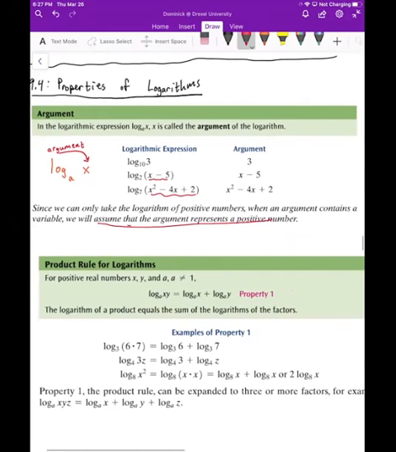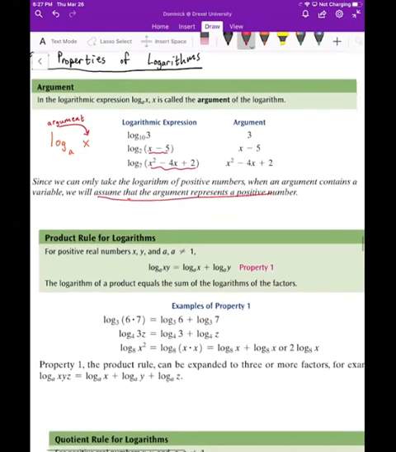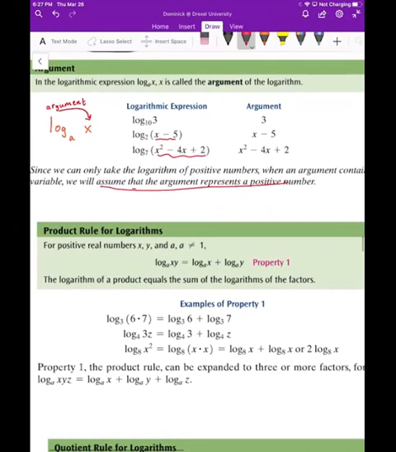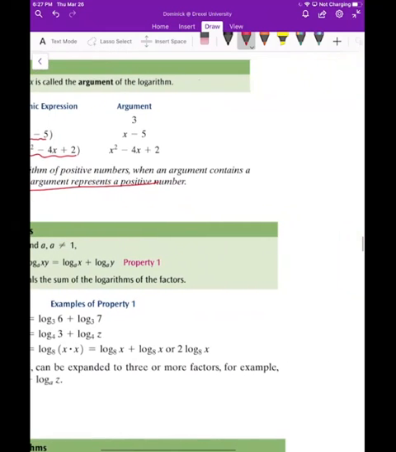All right. Now, the first property that we're going to discuss when it comes to logarithms is the product rule. That says that if you have a logarithm of a product, you can separate those with addition.